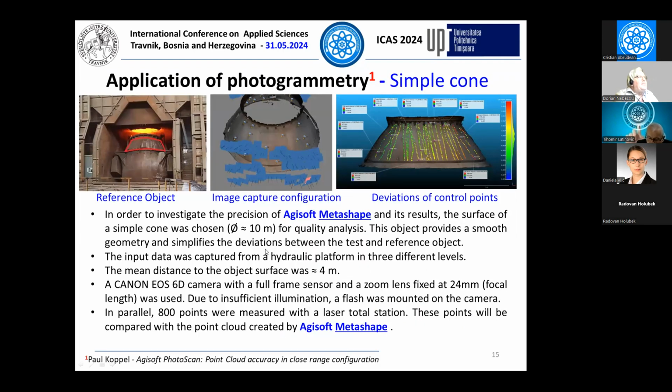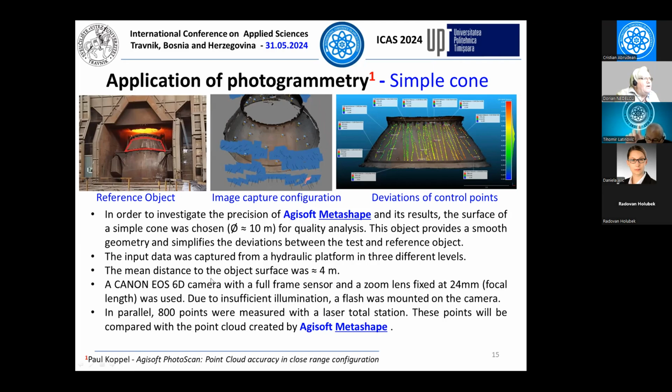This is an application of photogrammetry based on a sample cone. This cone has a diameter of 10 meters, and it was used by Paul Koffel for quality analysis to see if photogrammetry can be used in mechanical fields.